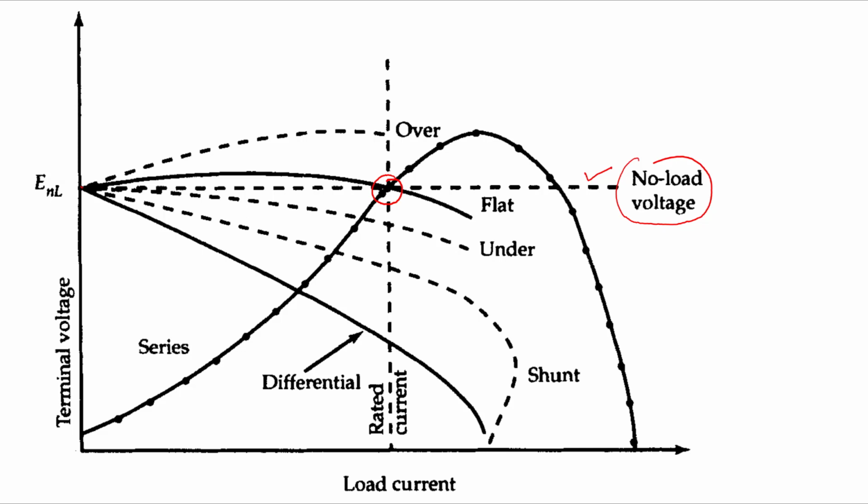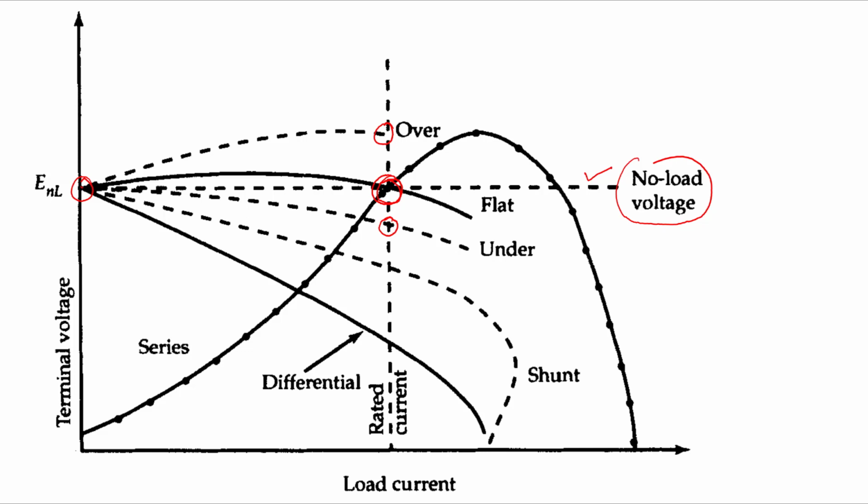So if the no load voltage becomes equal to the full load voltage in a compound generator, we call it flat compound. If the full load voltage is greater than the no load voltage, we call it over compounded. And if the full load voltage is less than the no load voltage, it is called under compounded. So under compounded, over compounded, and flat compounded, right?